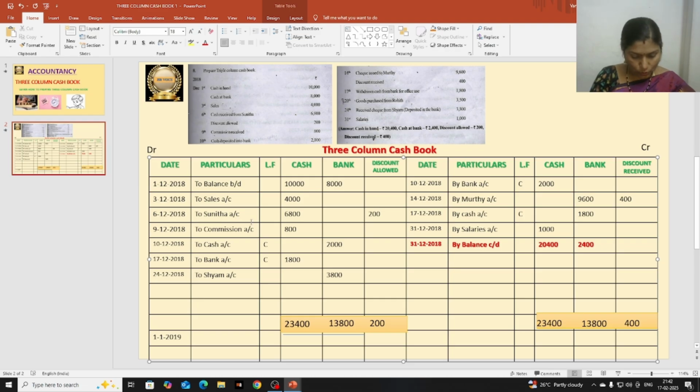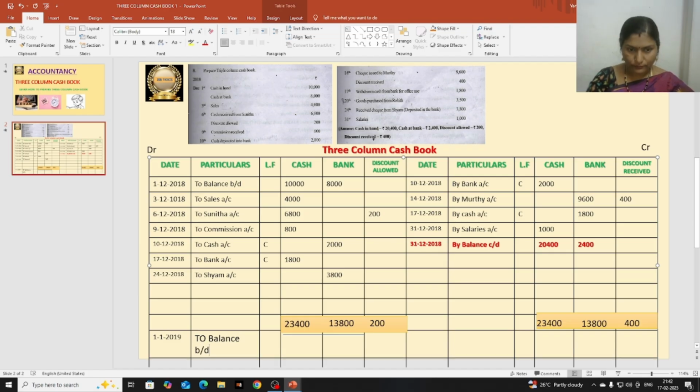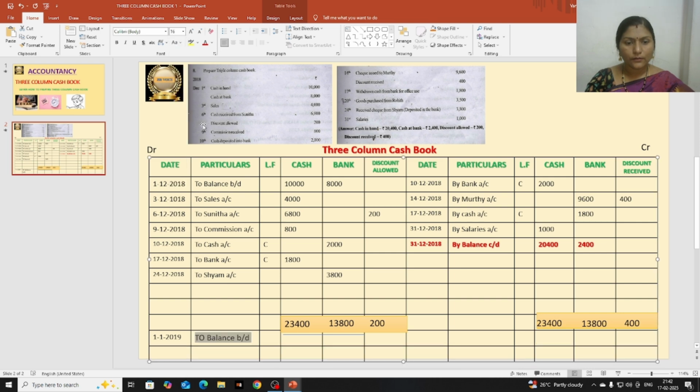So we will write balance brought down. How much? The same values we recorded on the credit side for balance carried on, the same amounts we are going to write: 20,400 and 2,400. We are going to write those two values here.